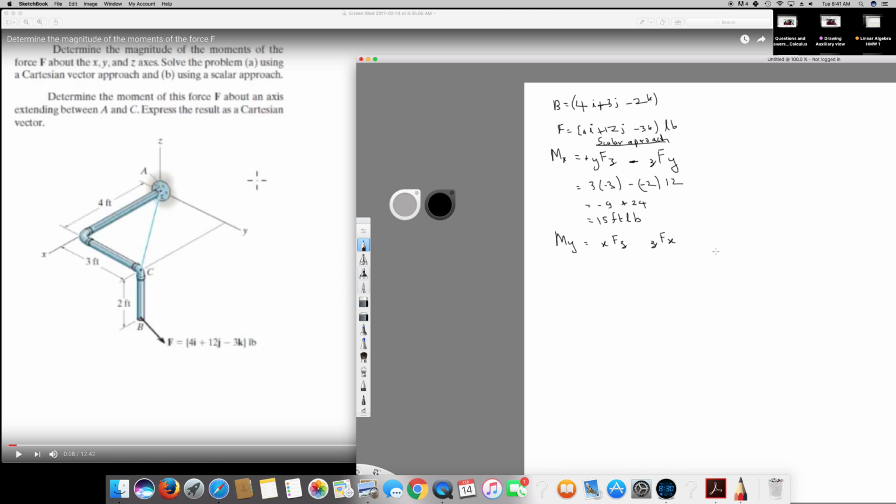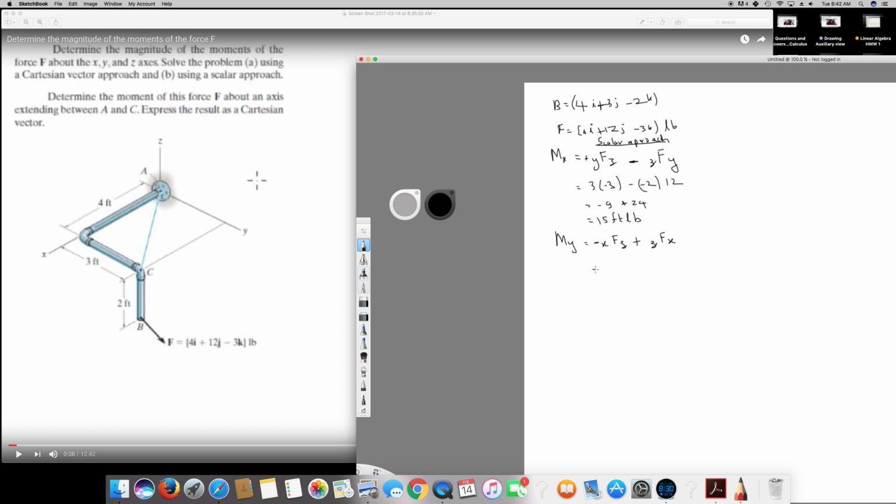To find the direction, I have to use the right hand rule. If I put one finger on x and the other finger on z, it is pointing inward, so this is negative. And for this one, if I put one finger on the z axis and the other finger on the x axis, it's pointing outward, so it's positive.